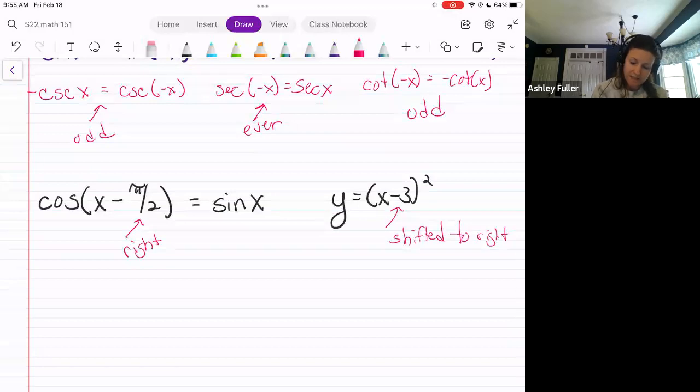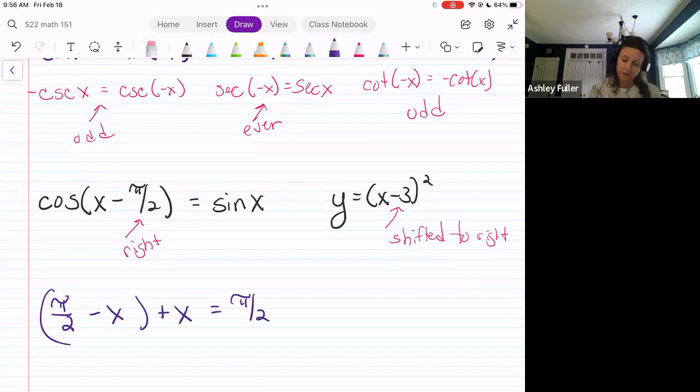Well, let's consider, first of all, the idea of pi over 2 minus x. If I add x to that, I get pi over 2, because you'll notice these two things cancel.